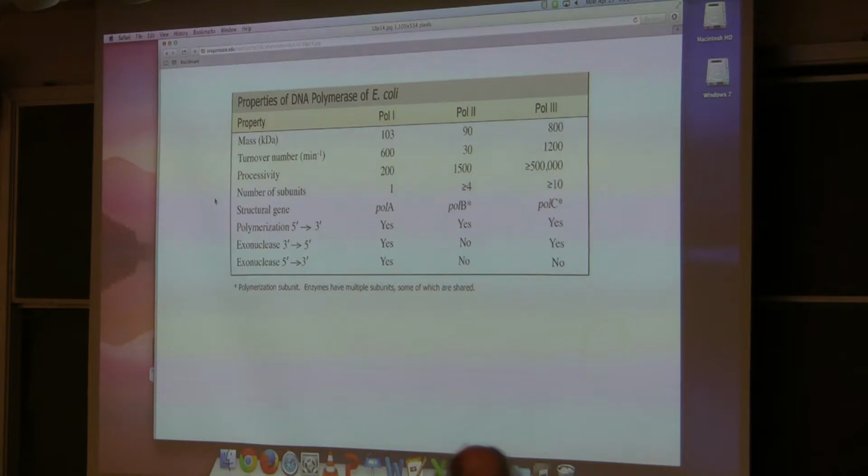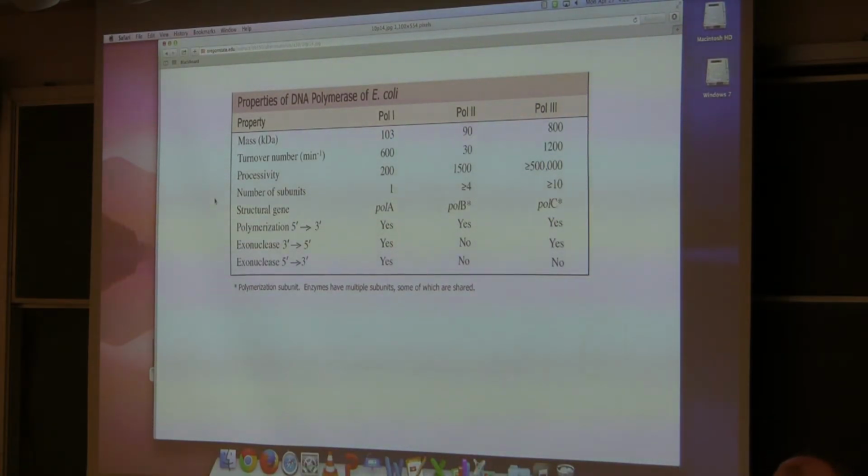I want you to focus your attention on the bottom set of activities here. What are activities? Activities are things being catalyzed. If we look at polymerase 1, we see polymerization 5' to 3', exonuclease 3' to 5', and exonuclease 5' to 3'.